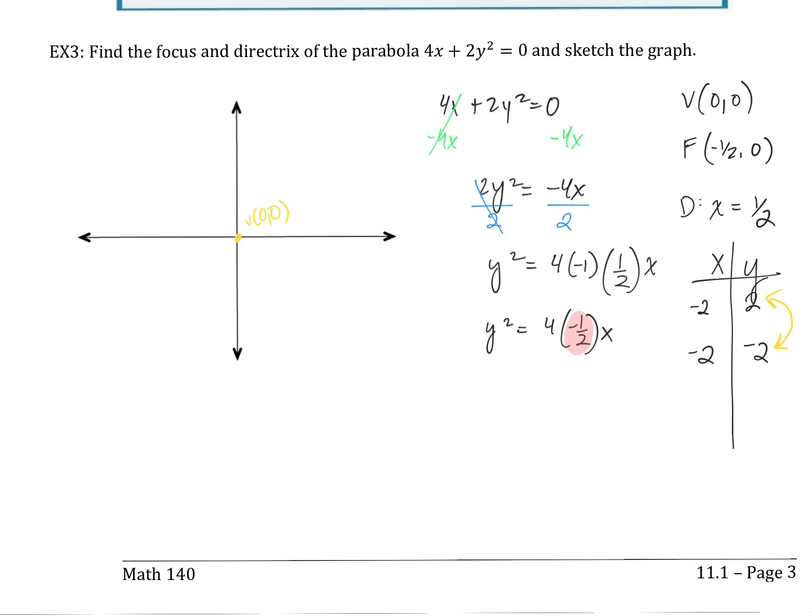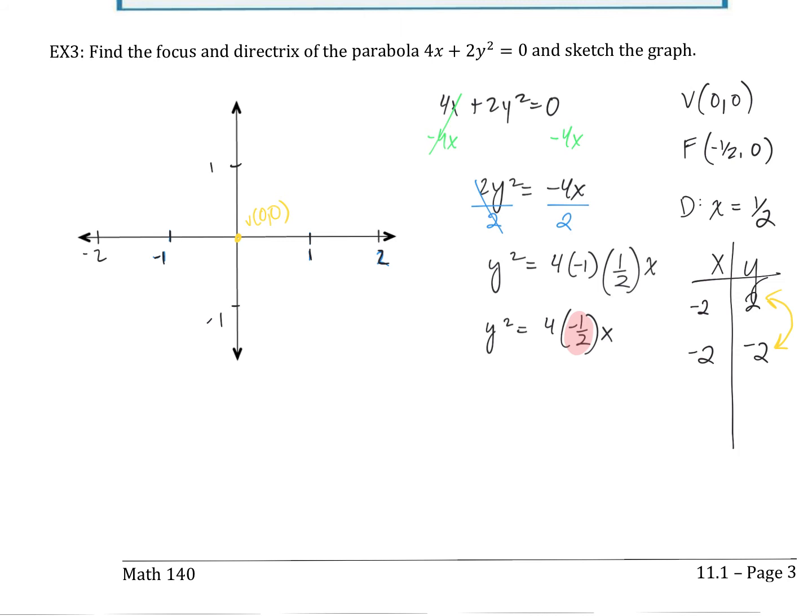Okay, we're looking at half values in x, and 2 in y. So let's call this 1 and 2, negative 1 and negative 2, and then 1 and 1.